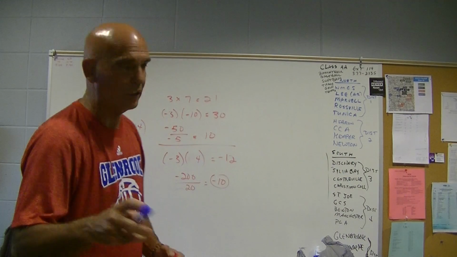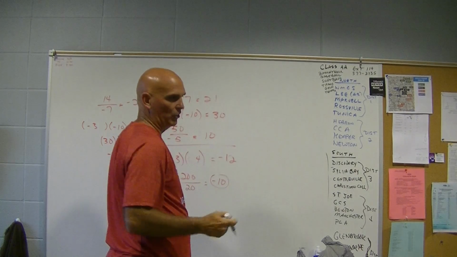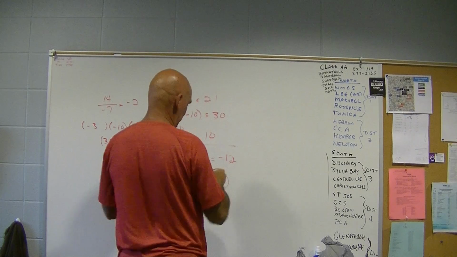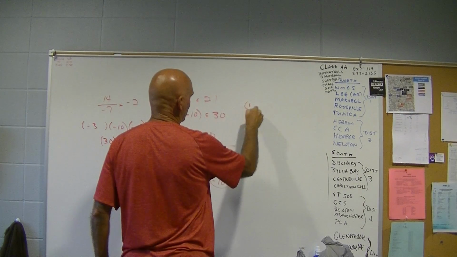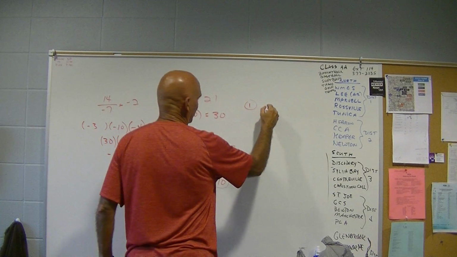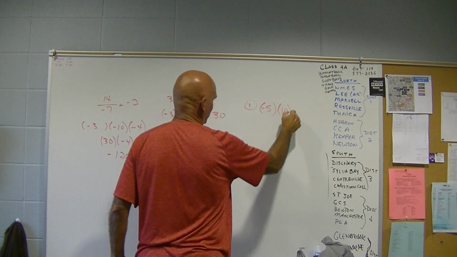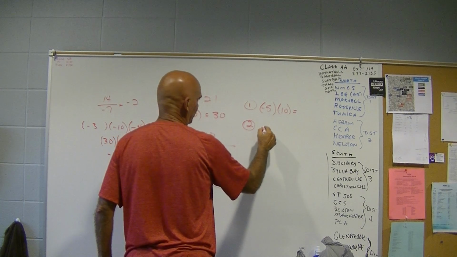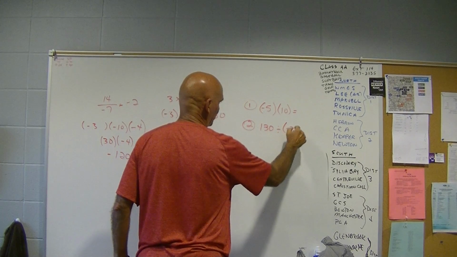Let's see, I want you to do these problems right here. I want you to just work these 5 problems and then take a picture of them and turn them in to me. Okay, so number 1, don't leave the caps off the markers because they'll dry up. Number 1 is going to be negative 5 times 10. There you go, just figure out what that's equal to. Number 2 is 130 divided by negative 2.